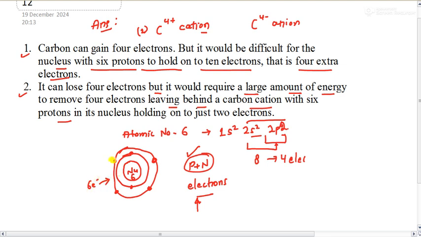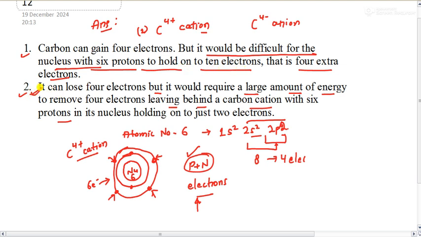Now why can't we remove these 4 electrons? If we remove these 4 electrons, this will become C4 plus cation. But why is that not possible? Here is the reason.